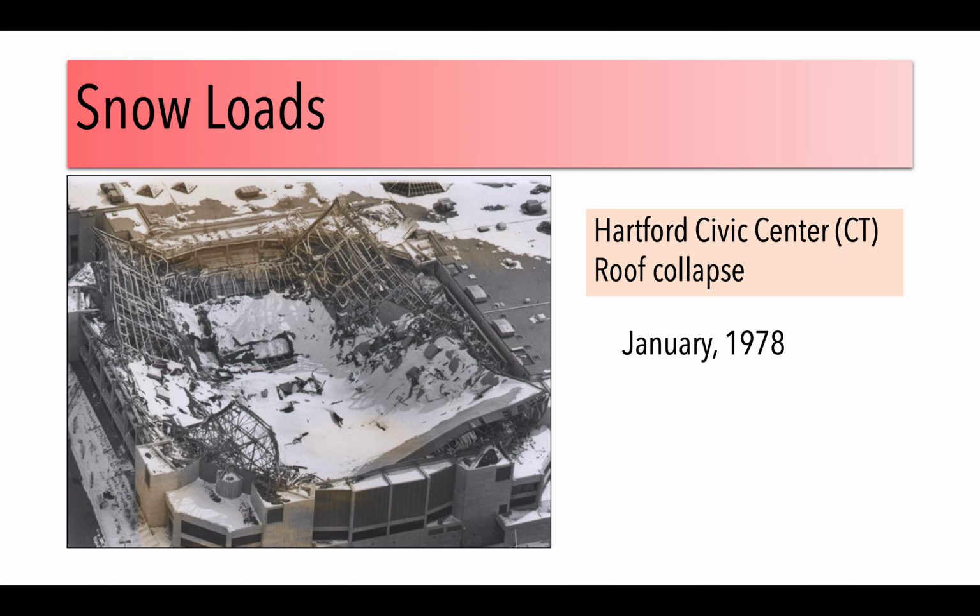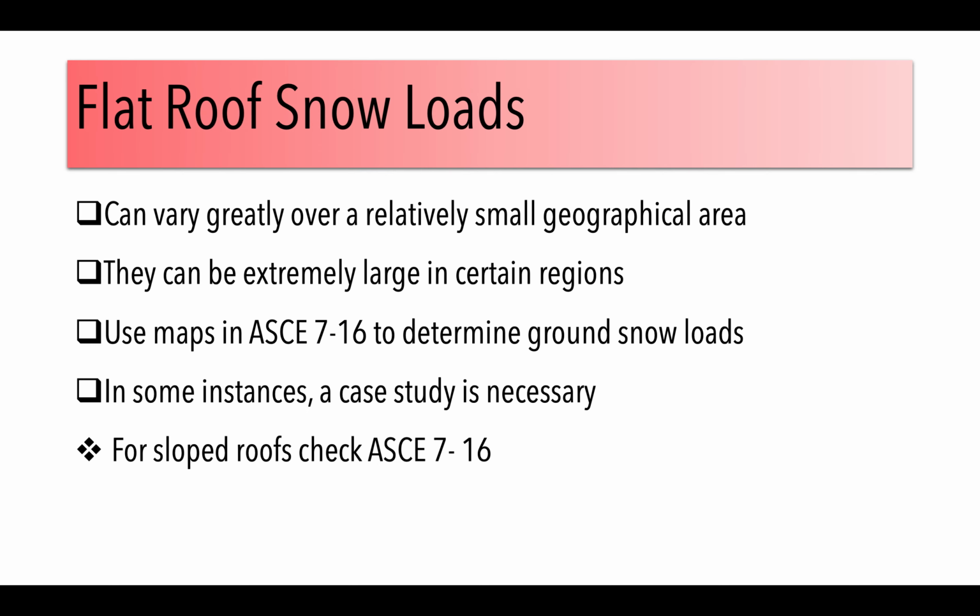So next, we are going to focus particularly on flat roof snow loads. And as you can imagine, snow loads can vary so much even within a small area. So let's say within your town, we might have one section that is snowing heavily and the other section that is not even snowing at all. Also, within your country, we might have regions that have extremely large snow loads.